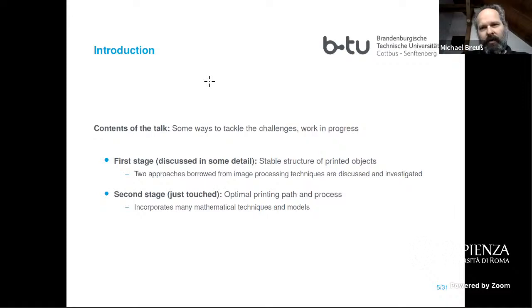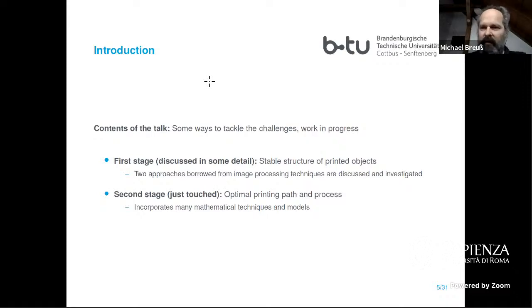So the contents of my talk are in two parts. The first is about some simple, so-called simple ways to introduce stability-enhancing structures into printed objects. And we have witnessed many beautiful talks, many on shape optimization, topology optimization, and some others on 3D vision. I try to give maybe some outlook on how one could borrow some simple ideas in my talk.